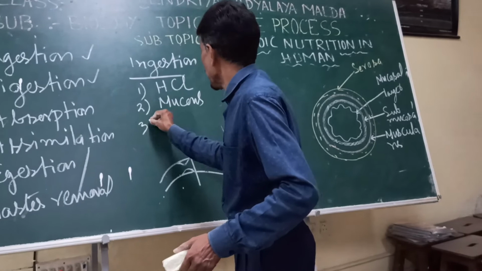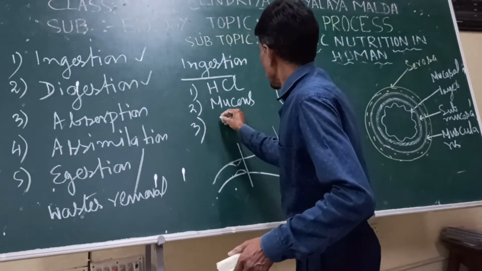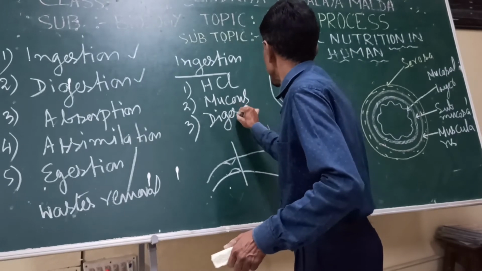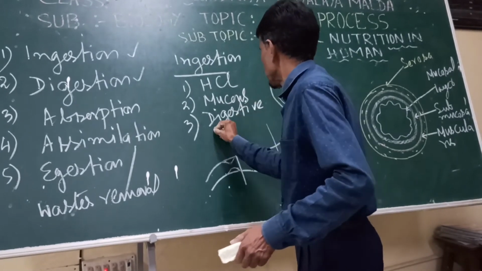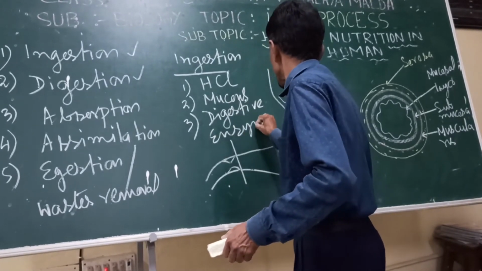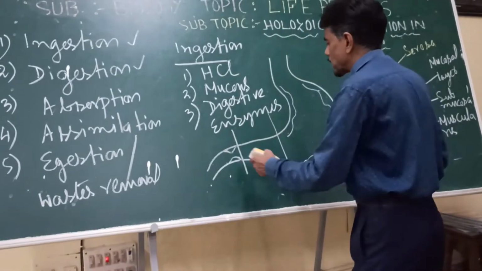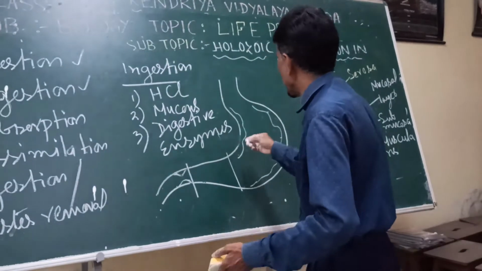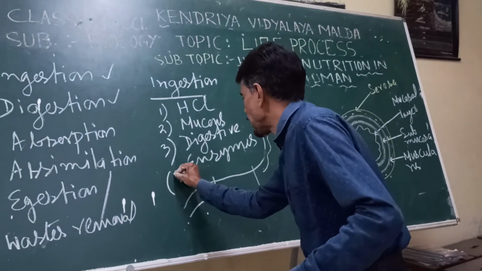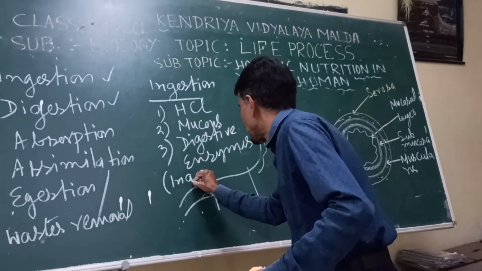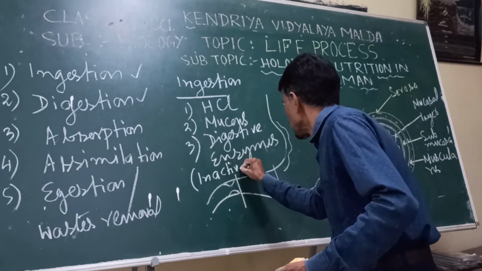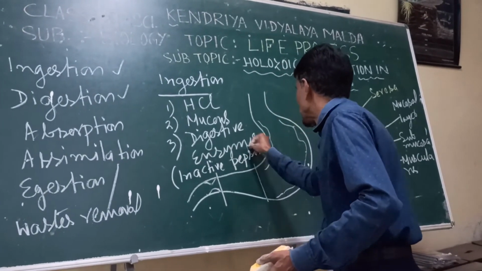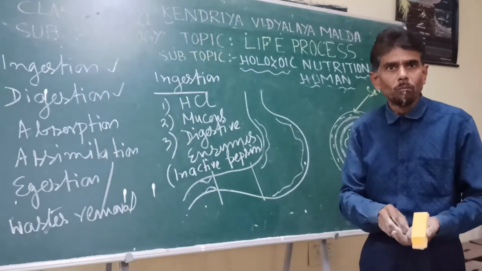And number three, enzymes, digestive enzymes, mainly pepsinogen. What is the enzyme? Inactive pepsin. That is the pepsin enzyme in its inactive form.